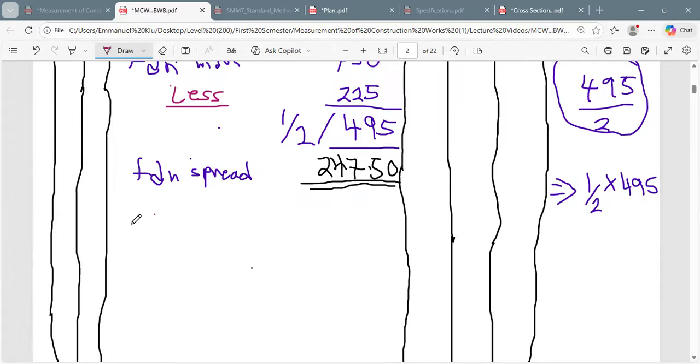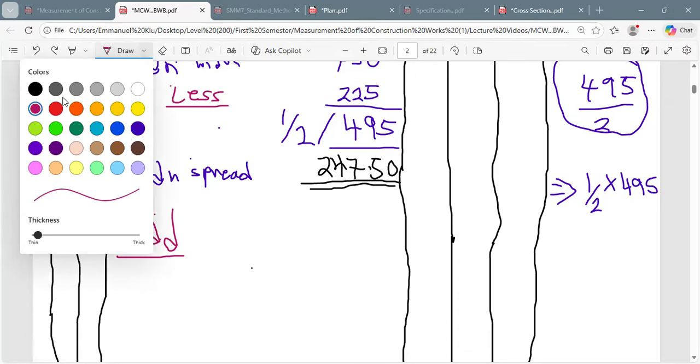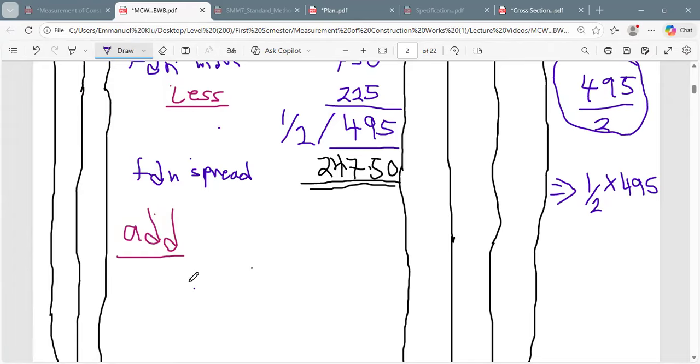So this is the less. So now we say that we want to add. First of all, we want to add the length first. You can choose to do it horizontally or vertically. I want to do that horizontally. So let me put my 4.00, 4.00, and the spread, times 2.